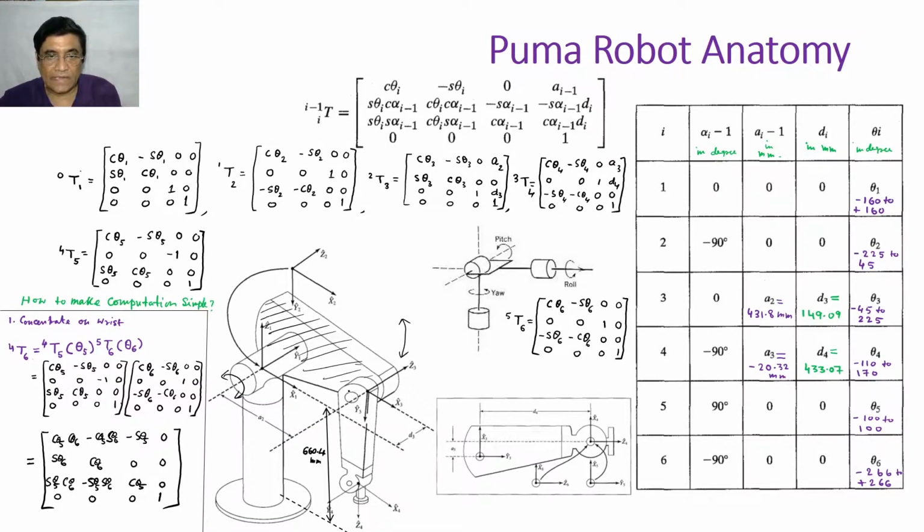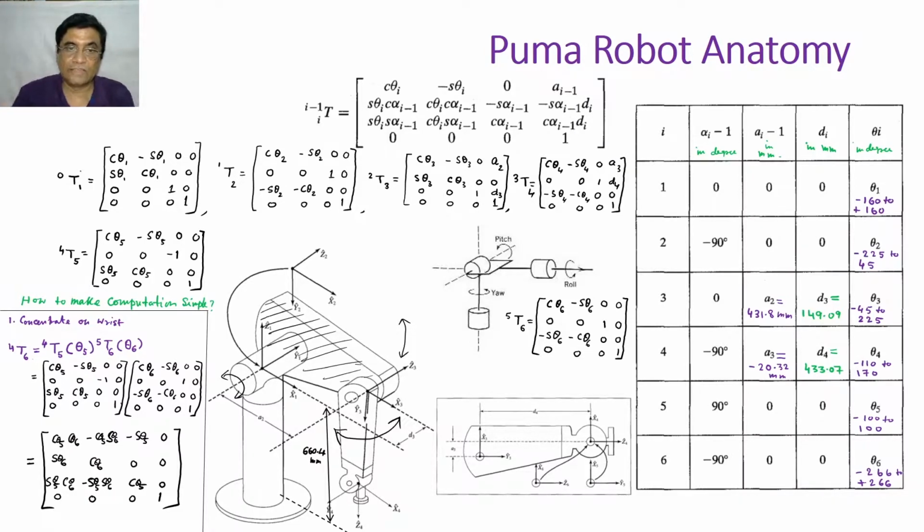Then the shoulder is connected with another joint, called the elbow. The elbow can move in this direction, up, down, just like my elbow and my hand. This is analogous to the Puma arm. So it can move like that.